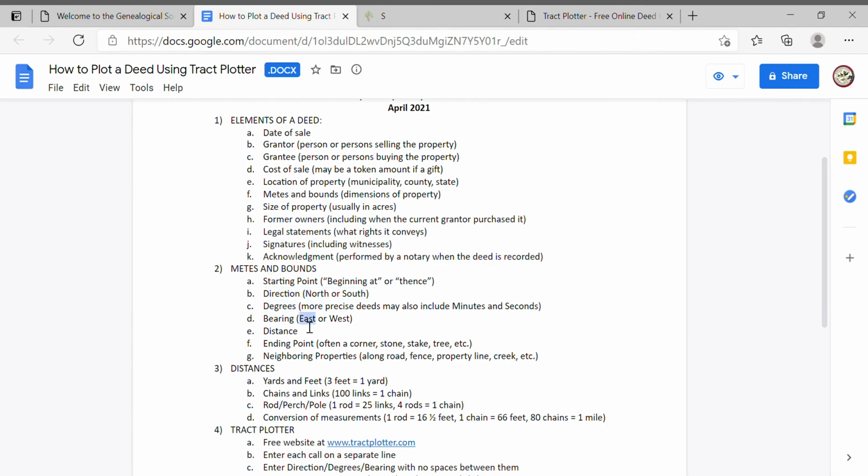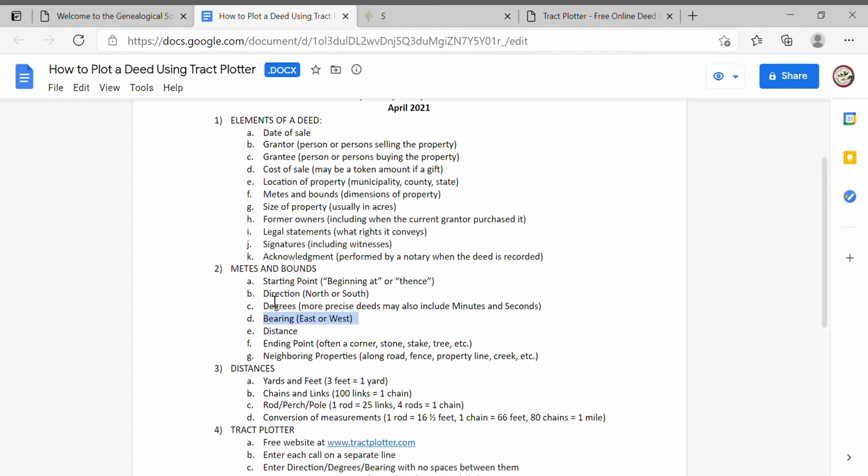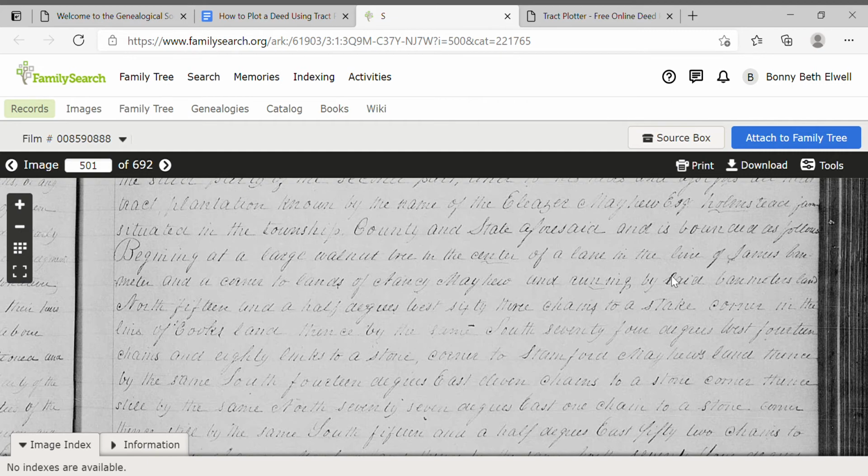That's our degrees. And then we have our bearing, which is going to be either east or west. And it tells us 15.5 degrees west. Okay, so we have north, 15.5 degrees west. Those are the first three parts, the direction, the degrees, and the bearing. And then it tells us how far. That's the distance. Okay, let's see how far it is. North, 15.5 degrees west, 63 chains to a stake corner.